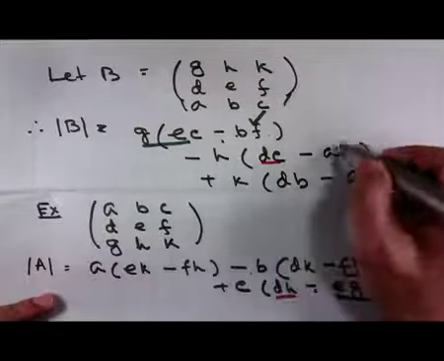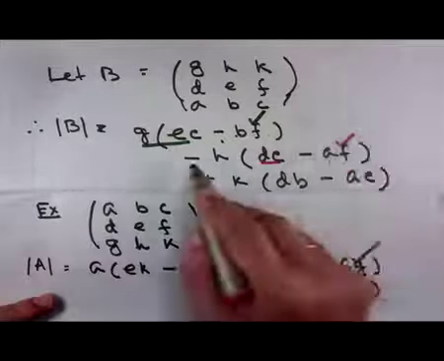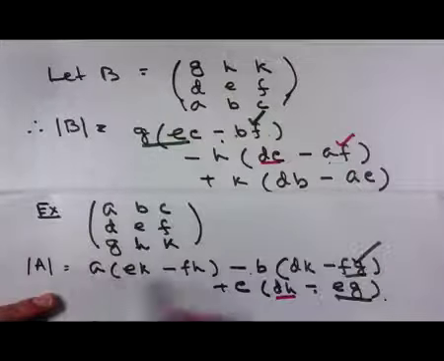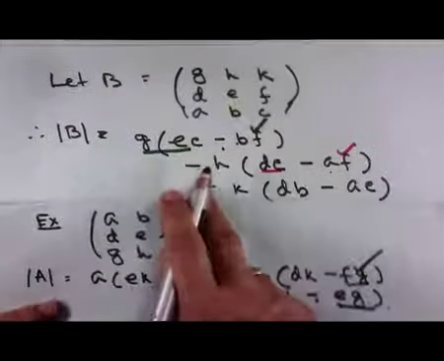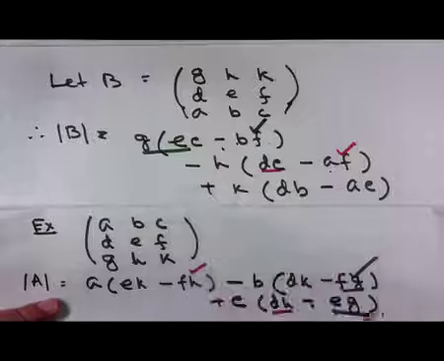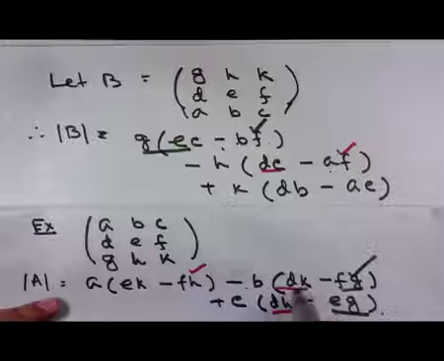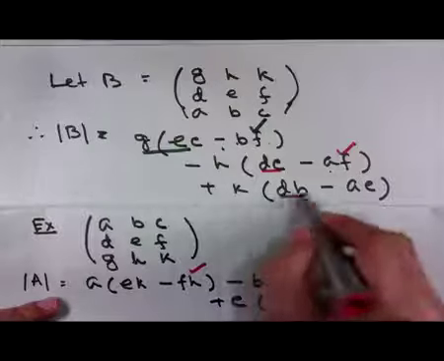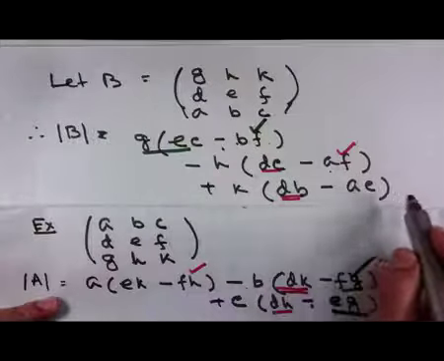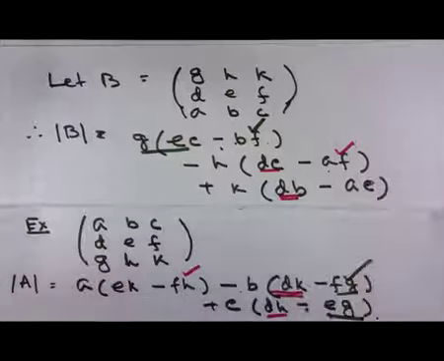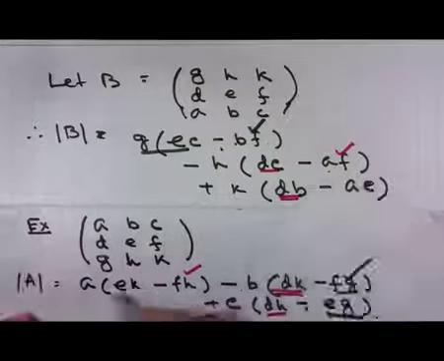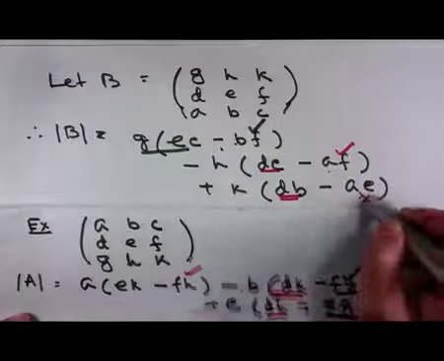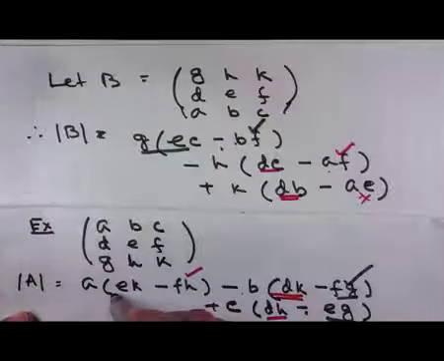A H F comes with a positive sign and here A H F comes with a negative sign. And then K D B comes with a positive sign here, but here it is a negative sign, and K A E comes here with a negative sign and here K A E comes with a positive sign.